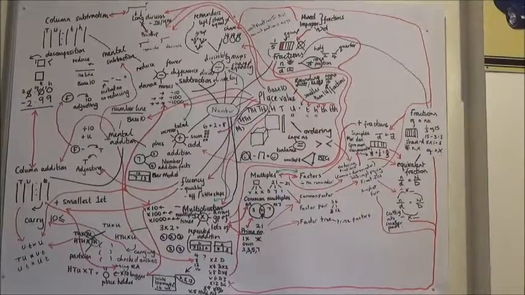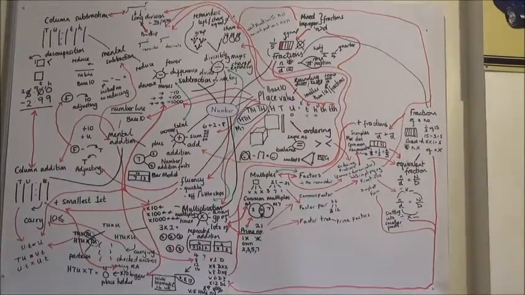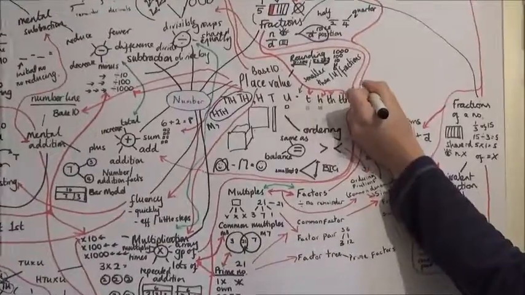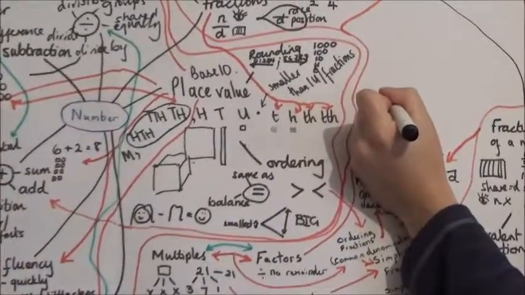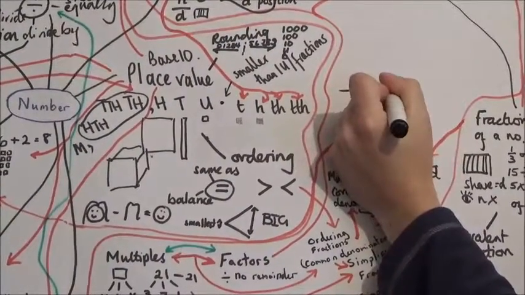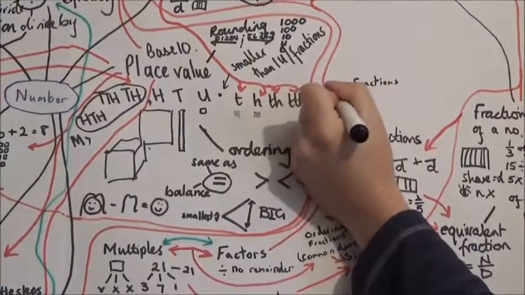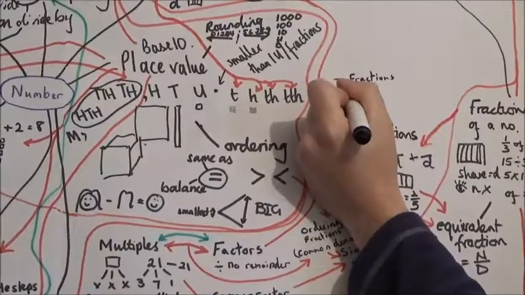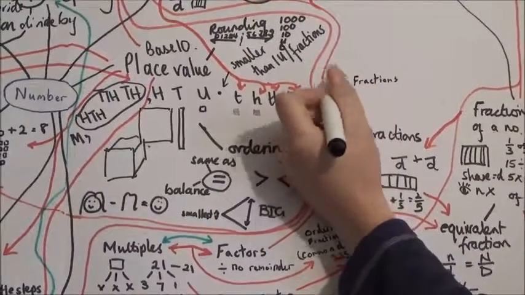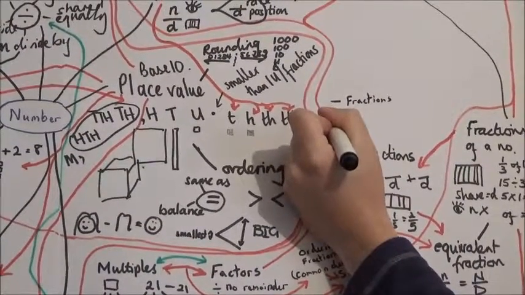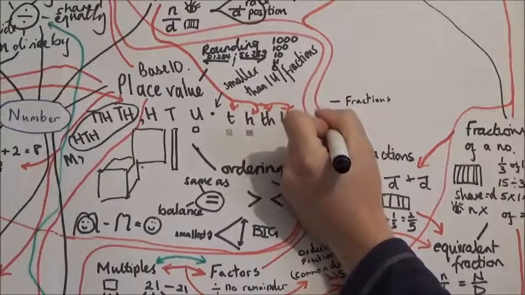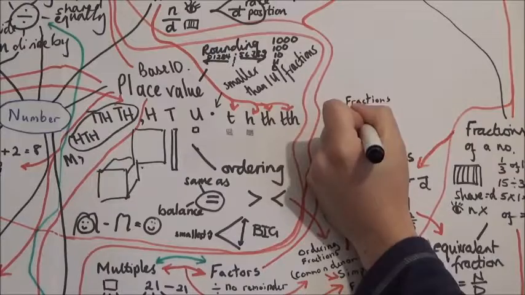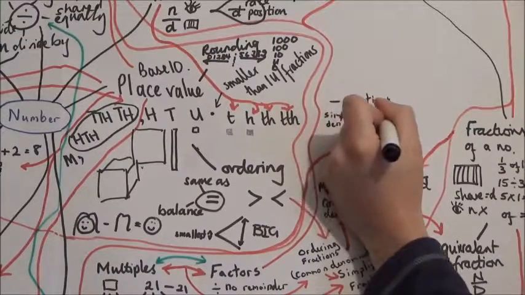Alright, moving on to our number mind map, and we're going to add our subtracting fractions just above our addition fractions here. So, subtracting fractions, when it's simple, when we have a similar denominator, and again I could write that the same way as Mrs. Williams did.